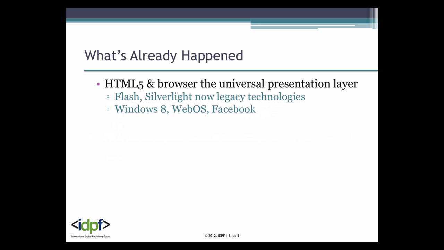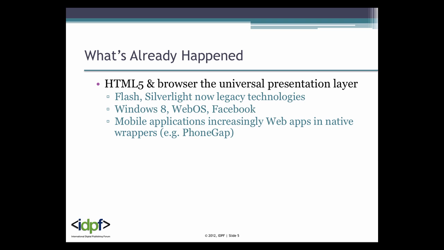In the meantime, we have Windows 8, entirely based on HTML and JavaScript as the UI layer in the Metro applications for both desktop Windows 8 and mobile. Things like WebOS that are built around the web. Facebook, whose application model is building widgets on the web. And increasingly, mobile applications are web apps that have been wrapped in a native application, so all of the logic of the application is in JavaScript and in the HTML and CSS.